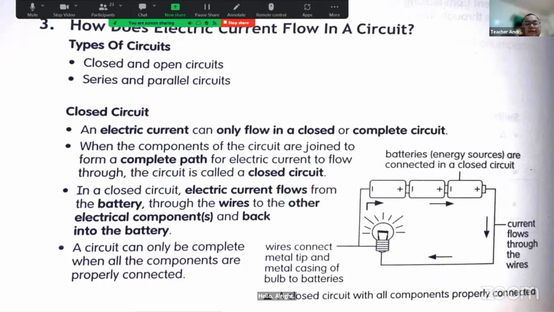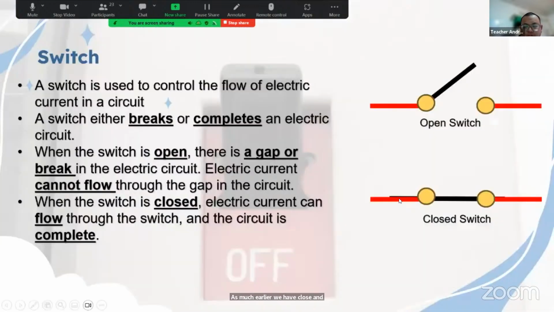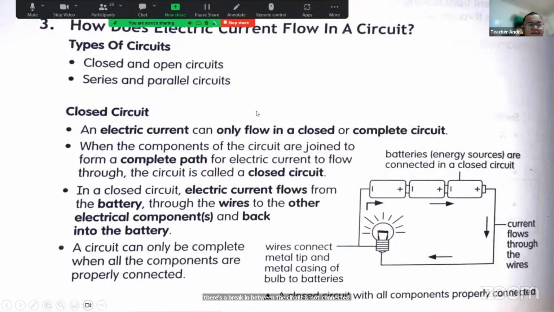So let me go into details on how this current flows in a circuit, all right? As mentioned earlier, we have close and open. Close means the switch is closed, everything is connected. Open means there's a break in between, the circuit is not connected, there's a gap in between. So let's look at a closed circuit in this diagram here.